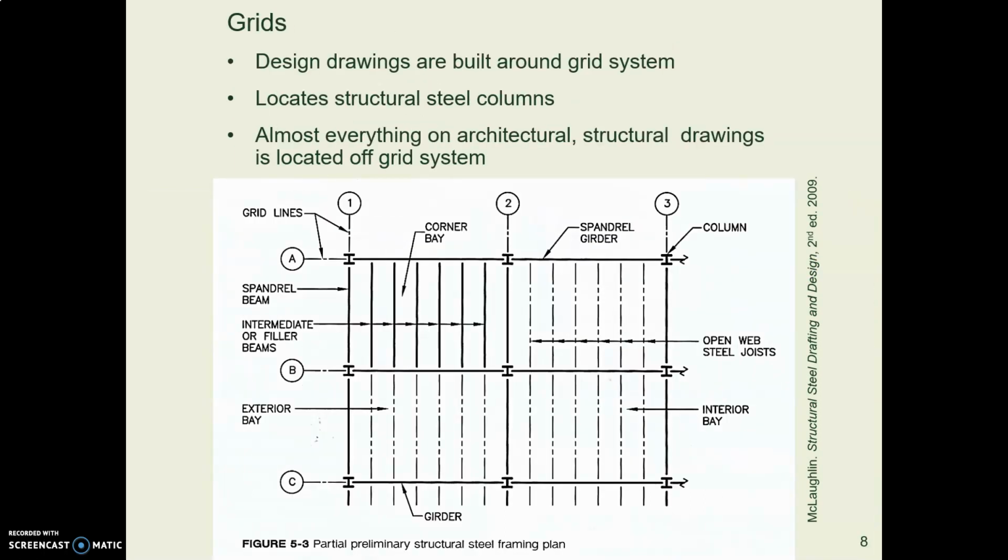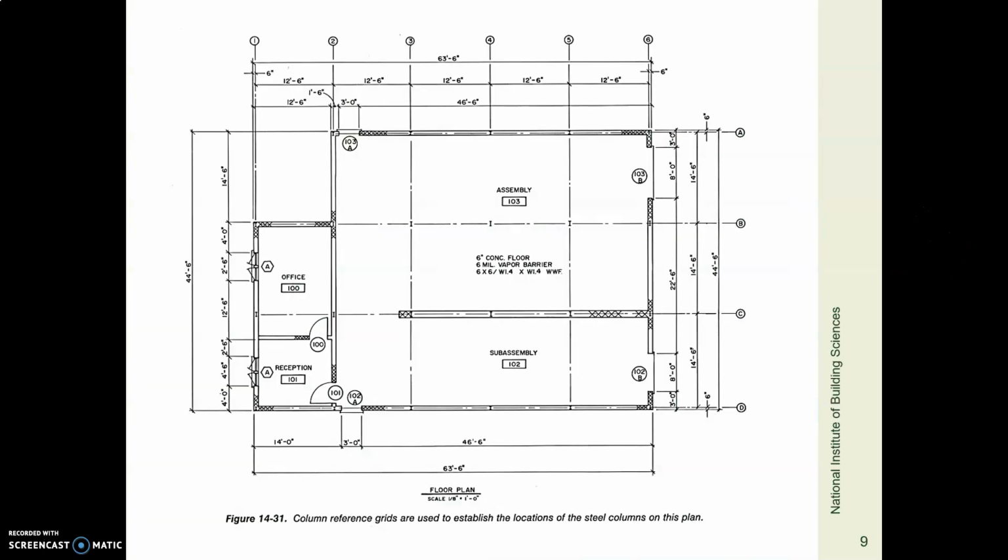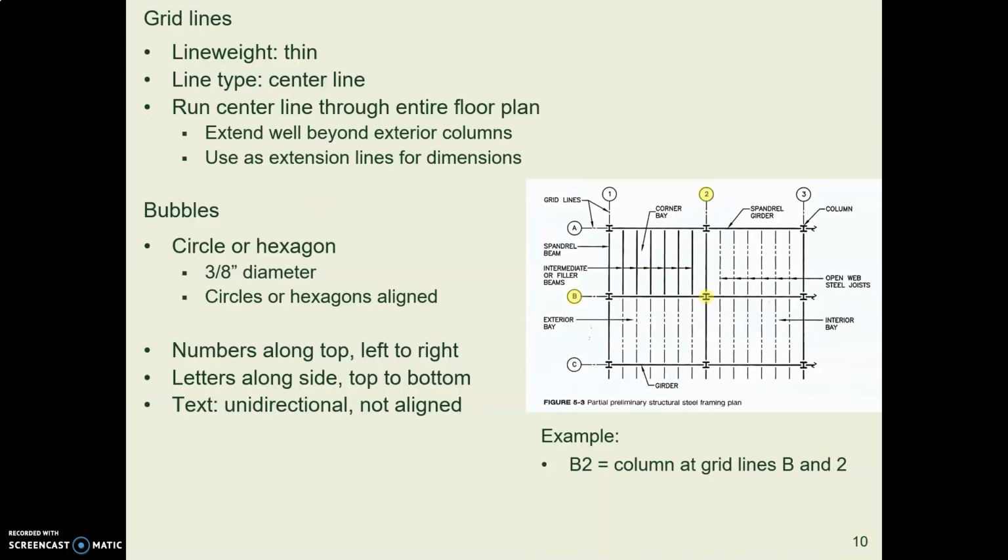And you already know about these grid lines. We've seen these before. Every drawing in the set of structural steel drawings will use these grid lines. Here's an example from the National CAD standard. and we make them thin, like on a dimension line layer, and these lines run through the entire building.